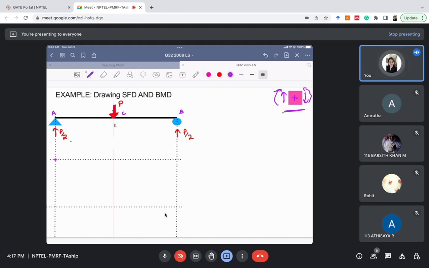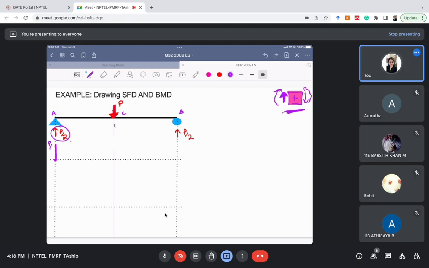This is the sign convention we are following. If there is a section and on the left side the load is upward, the shear force is upward, then we will consider it as positive. So at this section the load is upward, so we will draw it upward.